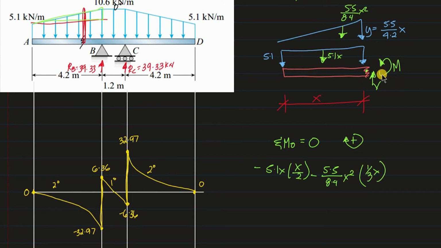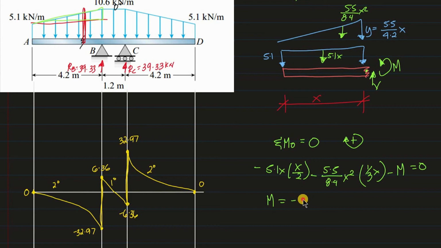Tapos, yung m na to, which is assumed as counterclockwise, so negative m. Tama? Yes, is equal to 0. Therefore, to solve for m, we just simplify muna dito.